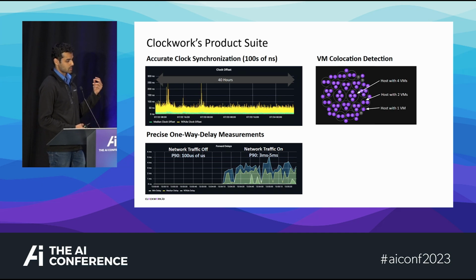Oftentimes, these VMs will be packed onto physical hosts according to some policy that the cloud provider decides. In this case, the highest degree of collocation that we see is 4, meaning that there are 4 VMs in a physical host. But depending on the instance type and which cloud provider you're using, you can see much higher degrees of collocation as well.